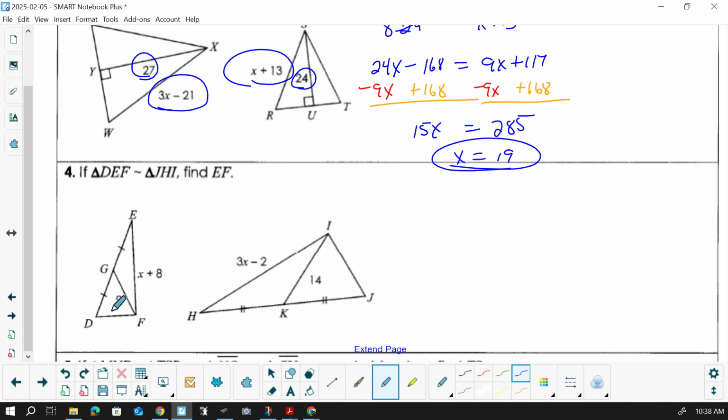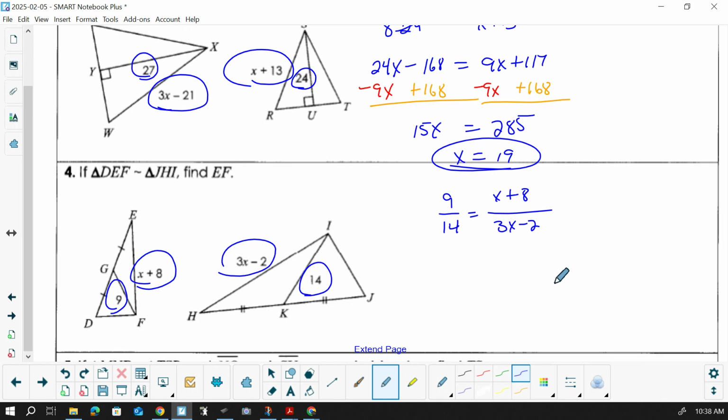Next question. 9 goes with the 14. And the x plus 8 goes with the 3x minus 2. I can't really simplify that, so we'll just go ahead to multiply here. 9 times 3x minus 2 would be 27x minus 18. And then the x plus 8 times the 14 would be 14x plus, then 8 times 14 is 112.